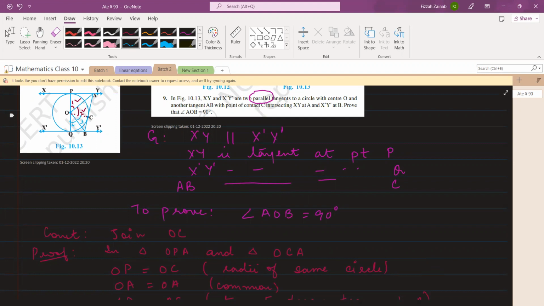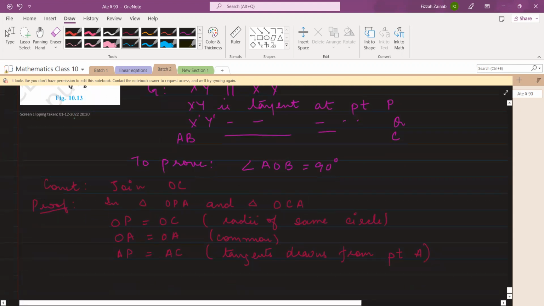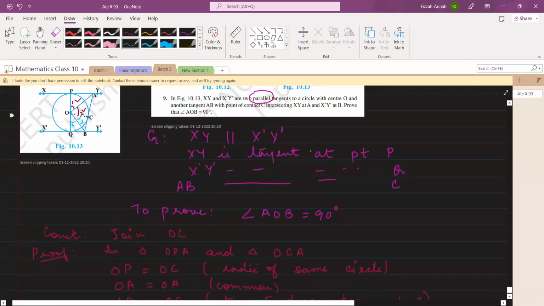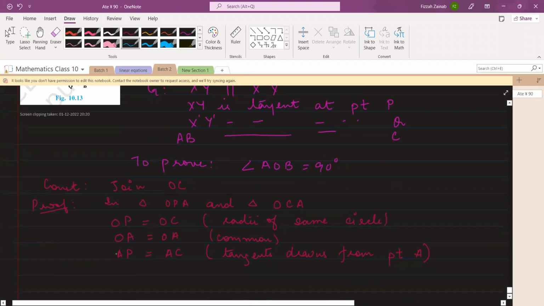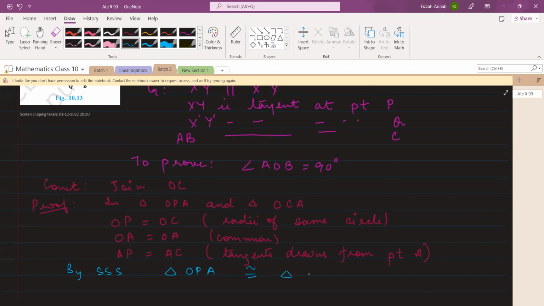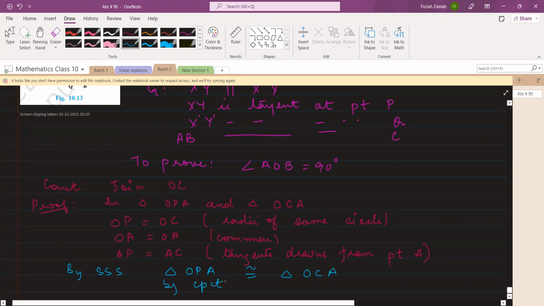Okay, so this much is fine. So by SSS, triangle OPA is congruent to triangle OCA, and by CPCT, angle 1 is equal to angle 2.